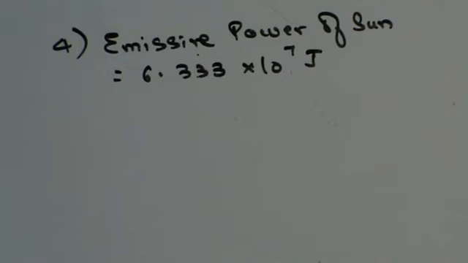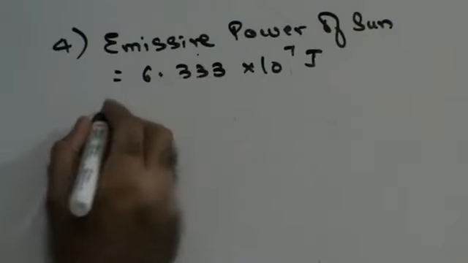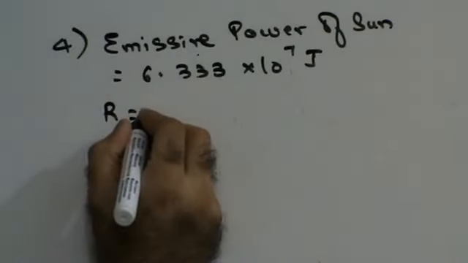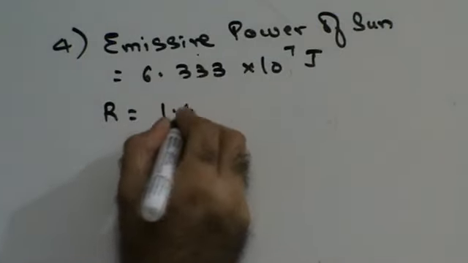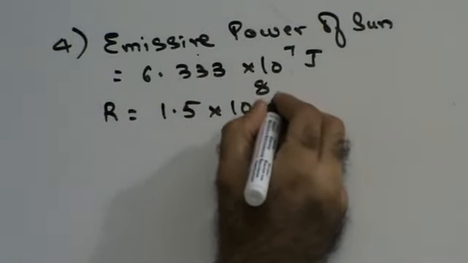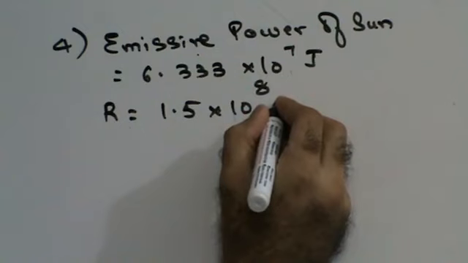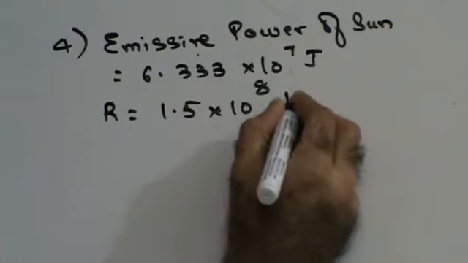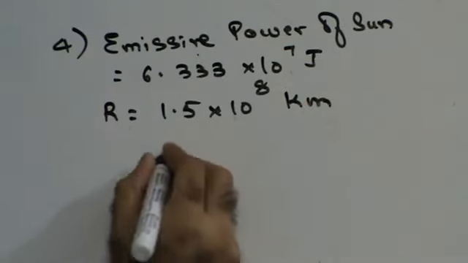The distance between the center of the sun and the earth is 1.5 into 10 raised to 8 kilometers.